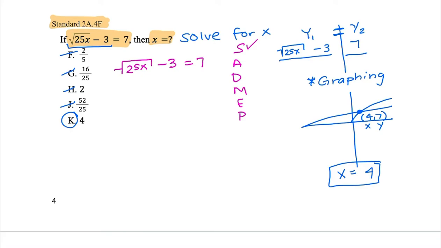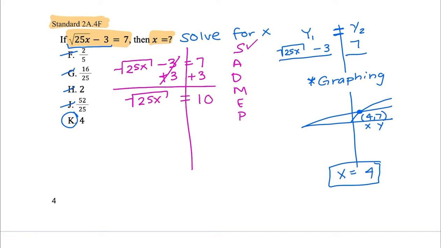And I say yes, because I have a minus 3. So then the next question goes, how do you get rid of a minus 3? Well, you do the opposite of a minus 3, which is going to be a plus 3. And what you do to one side of the equation, you have to do to the other side. So this cancels out. You get the square root of 25x equals 7 plus 3, which is 10.